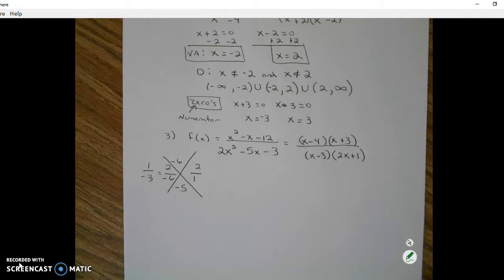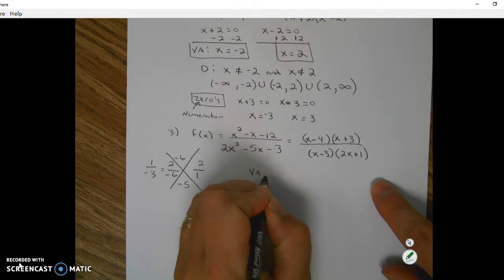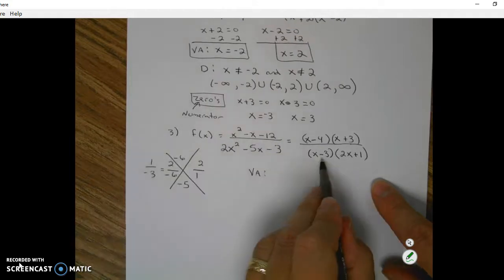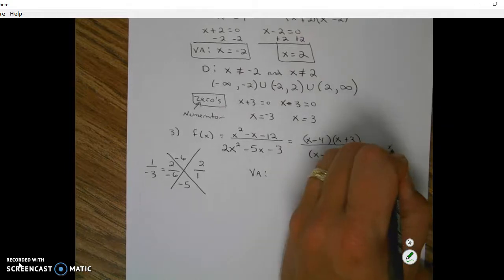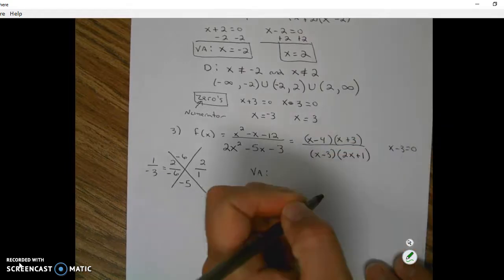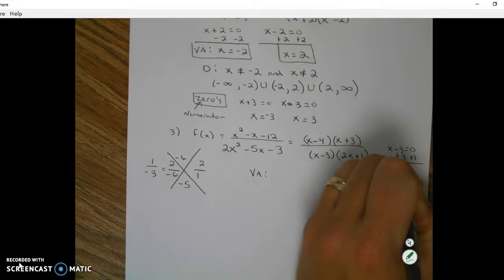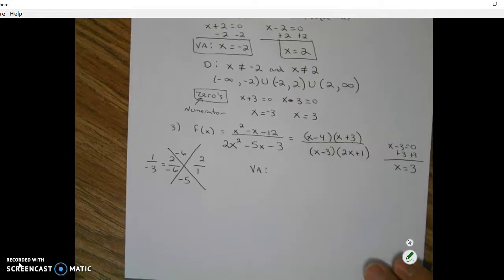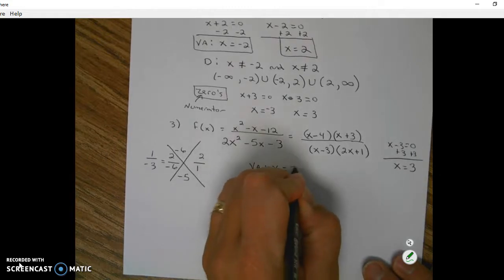Okay, so now to find our vertical asymptotes, set each factor equal to 0, so x minus 3, so we have a vertical asymptote at 3. X equals 3.